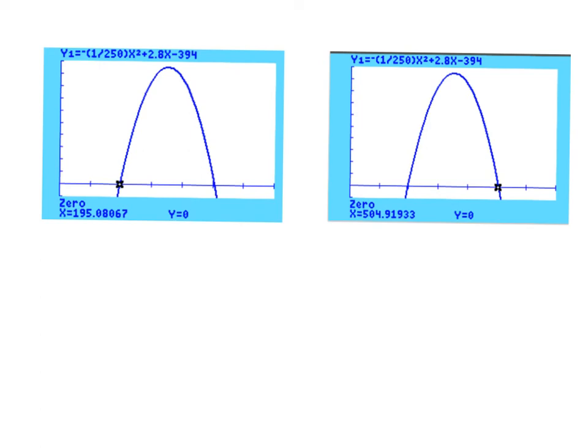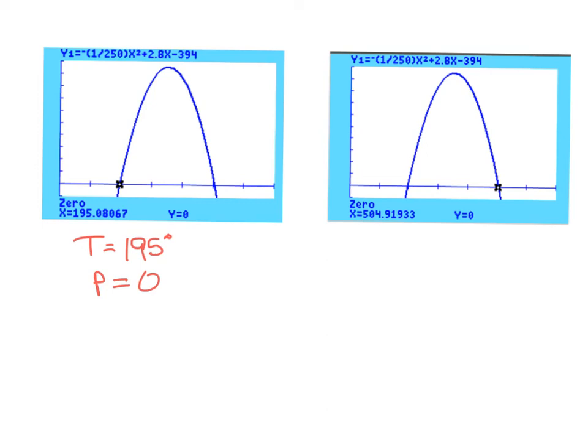So here are the answers that I found on my graphing calculator. I found that the first zero on my calculator, which is going to be the one right here, is going to be that the temperature was equal to 195 degrees when the percentage was 0 for the first time.